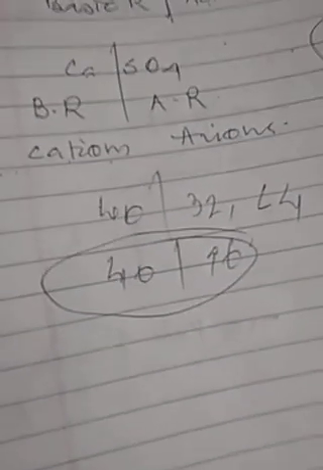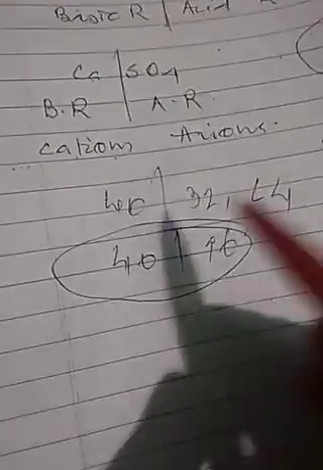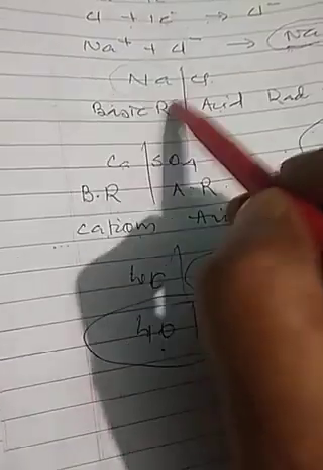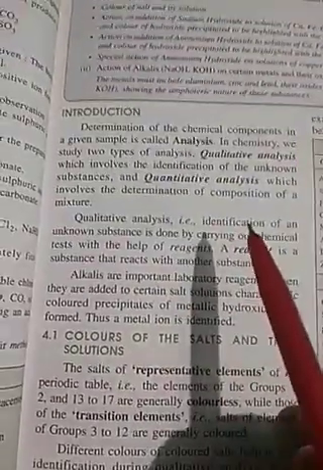So we will weigh the compound. In that compound, what is the weight of calcium, what will be the weight of sodium, what will be the weight of this chloride ion. This composition by mass is called quantitative analysis. So qualitative analysis means identification of an unknown substance.